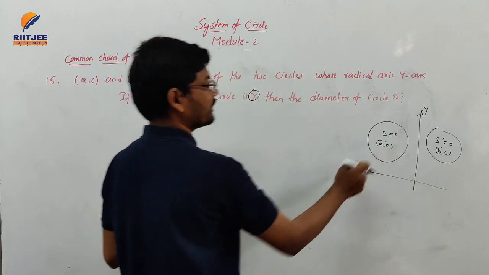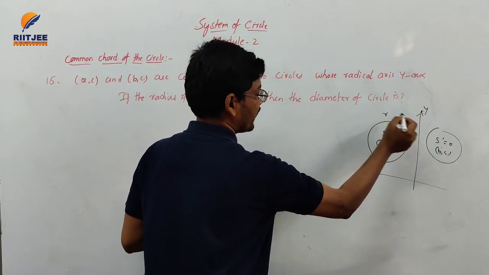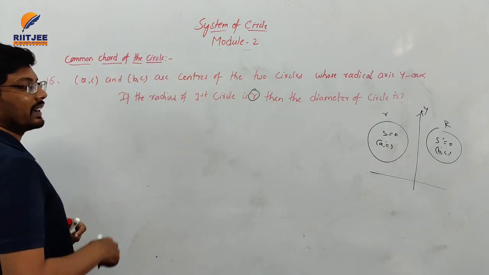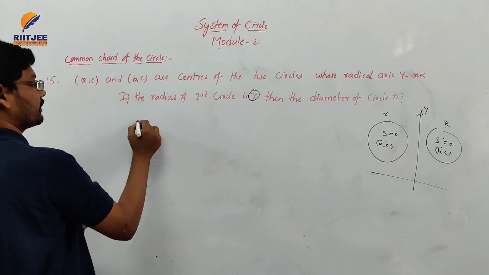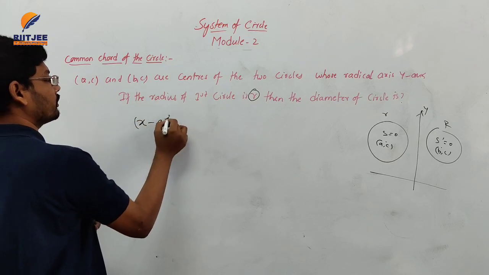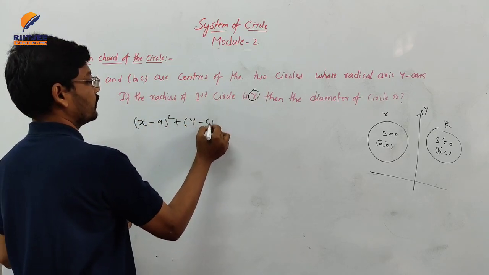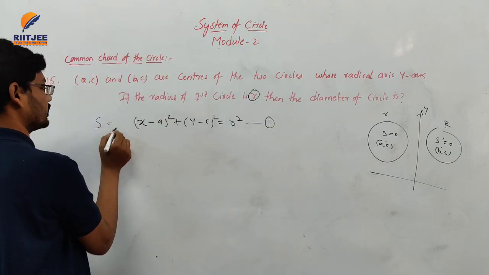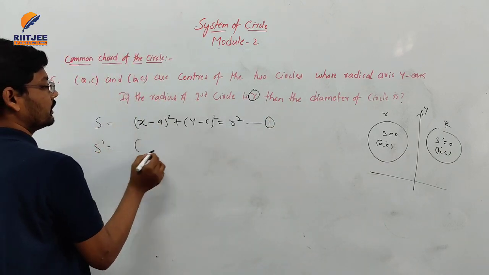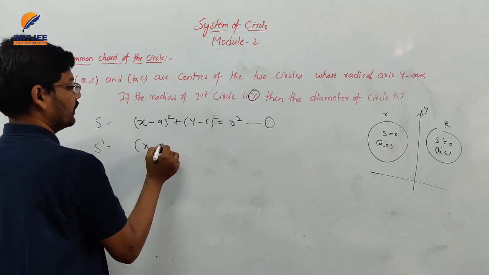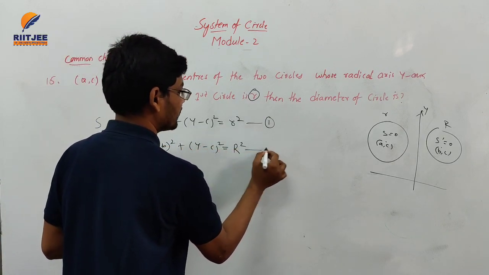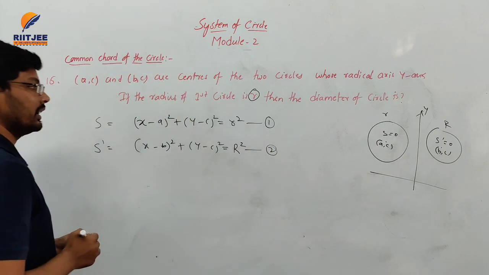So then the equation of this circle: this radius is small r, and this radius is capital R. The equation of the circle is (x minus a) whole square plus (y minus c) whole square, equal to small r square. This is the first circle equation. Then (x minus b) whole square plus (y minus c) whole square is equal to capital R square. This is the second circle equation here.